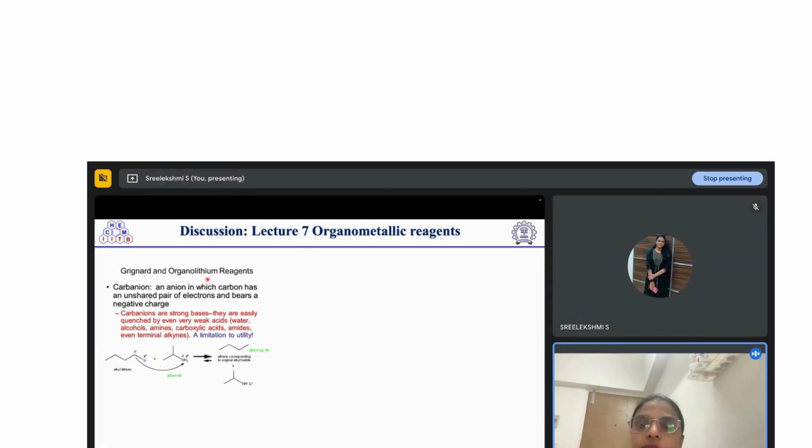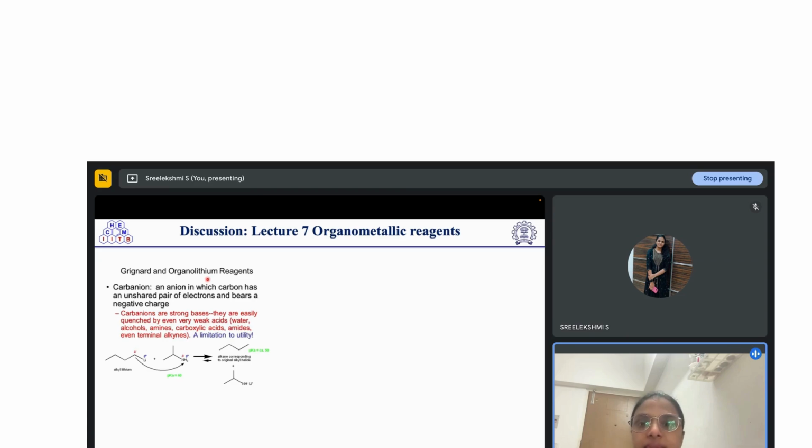Then, for organomagnesium compounds, we saw the reaction with carbonyl compounds, which can proceed either through a four-member or a six-member transition state. We also saw the coupling reaction using an organomagnesium reagent, the Kumada coupling, and using organolithium reagents we can do the Woods coupling.